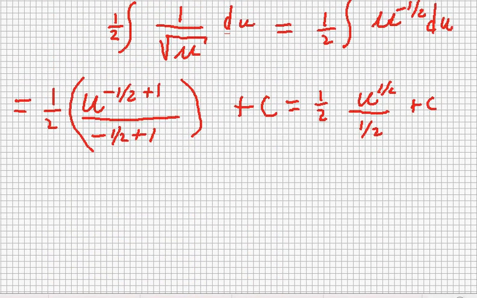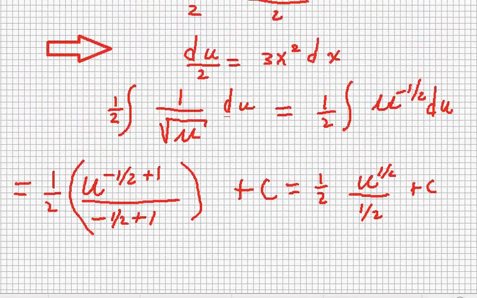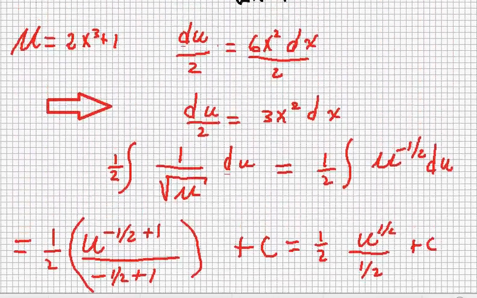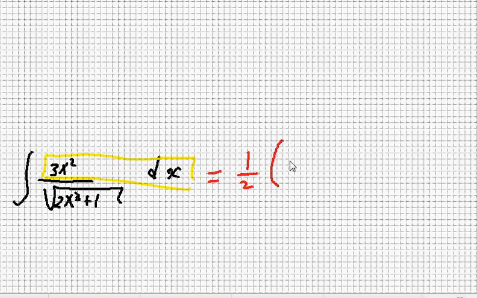Well, what is u? u is equal to 2x cubed plus 1, so 2x cubed plus 1 to the 1/2, and I am dividing this whole thing by 1/2.